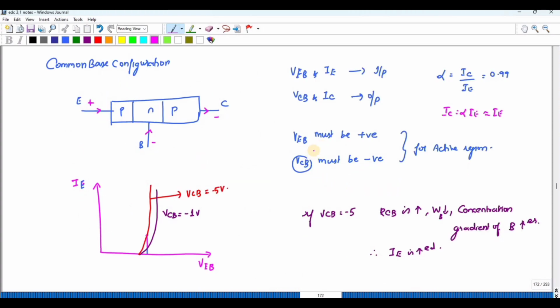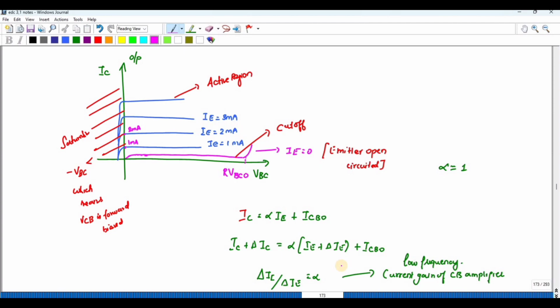If VCB is negative, then VBC is positive, so it is in the active region. Suppose VBC is negative, then it is forward biased. The input and output are both forward biased, so that should be the saturation region. This cross line is called the saturation region.